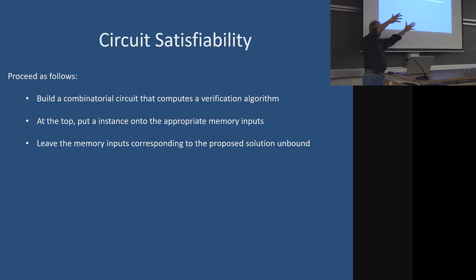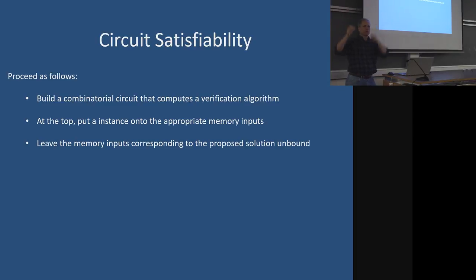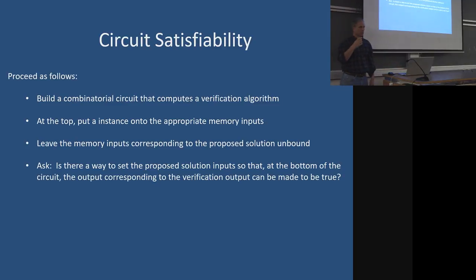Some of the wires correspond to the bits of the problem instance, and we set them to describe the problem instance. Some of the wires that come at the top contain the proposed solution. So if we set those as well, and then let the circuit settle down, there'd be a bit coming out the bottom that said whether or not that proposed solution was correct. But what we're going to do is leave the bits corresponding to the proposed solution unbound.